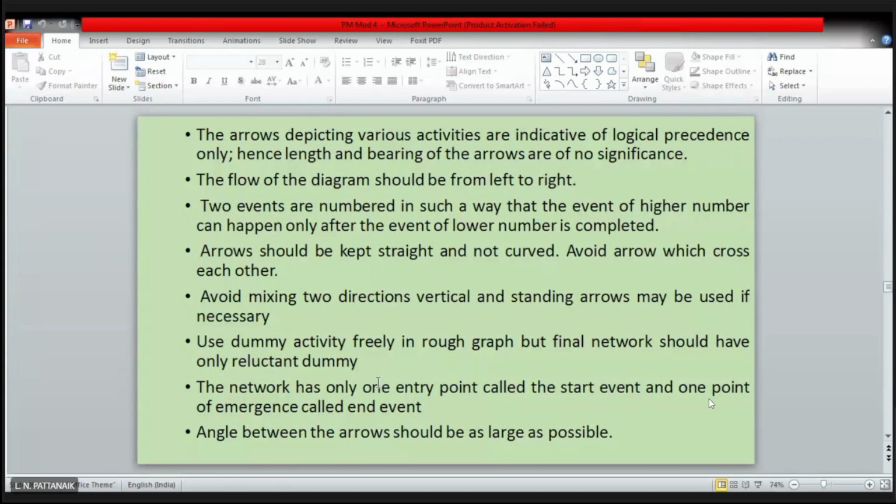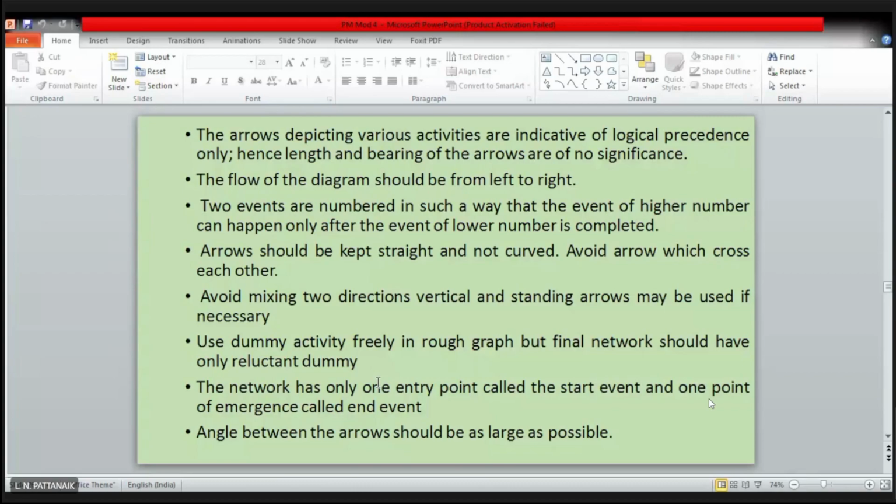Avoid mixing two directions. Vertical and standing arrows may be used if necessary. What is the meaning of this? You have to construct the network diagram starting from the left, and the arrows should move towards the right. ऐसा नहीं होना चाहिए कि some of the arrows should be given from right to the left. बीच में कभी आपको जरूरत पड़ा तो एक backward भी arrow लगा.